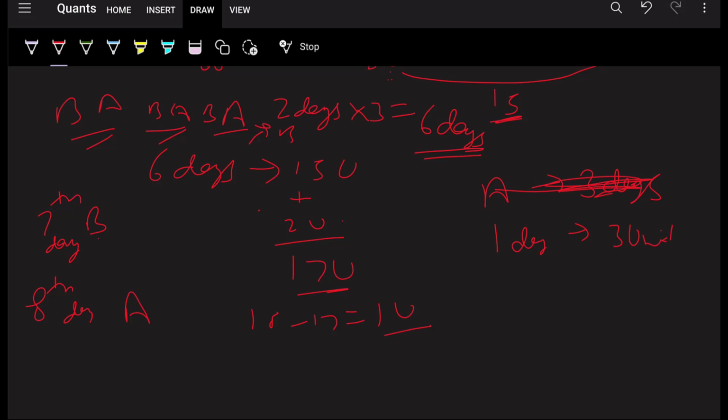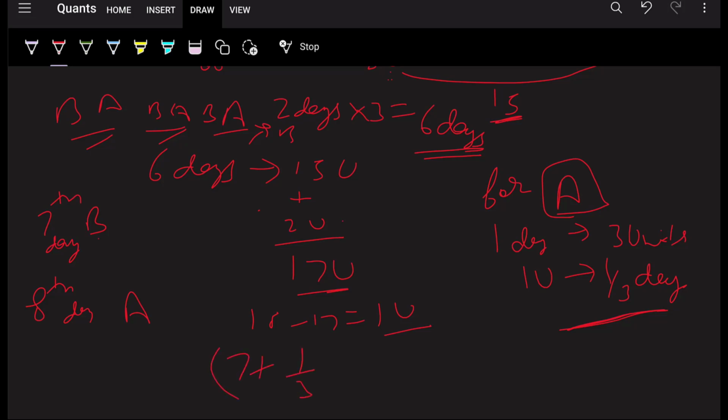Sorry, I have written this wrong. So in 1 day 3 units of work is done by A. So 1 unit of work will be done in 1 by 3 day. So 7 plus 1 by 3 days will be our answer.